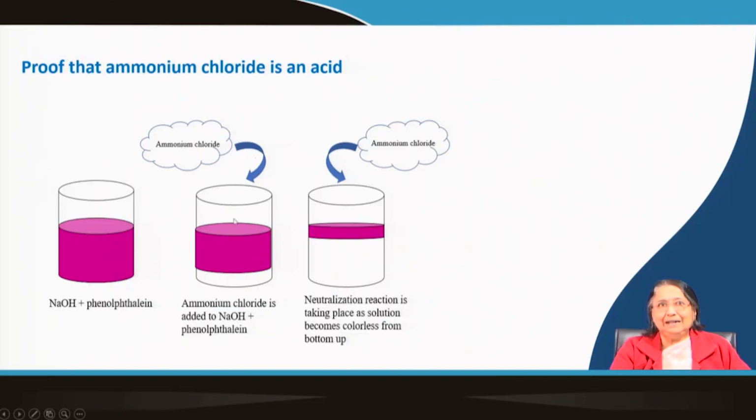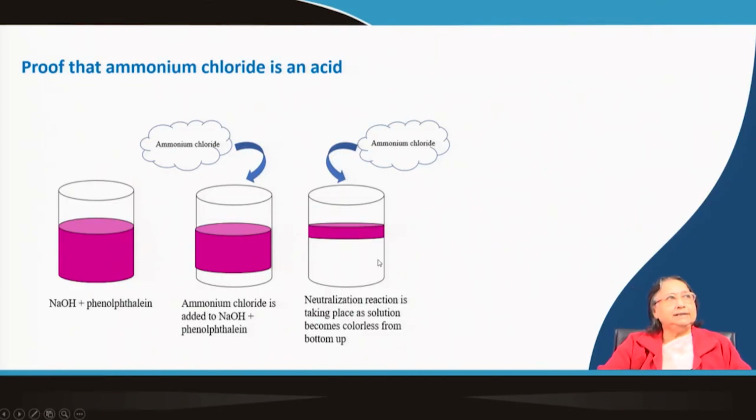So, when you are adding, you can see that slowly it is being neutralized. Ultimately, you see phenolphthalein is becoming colorless, that means it is showing the way towards neutralization. And then finally, that final solution I have not shown, but it will be colorless obviously.